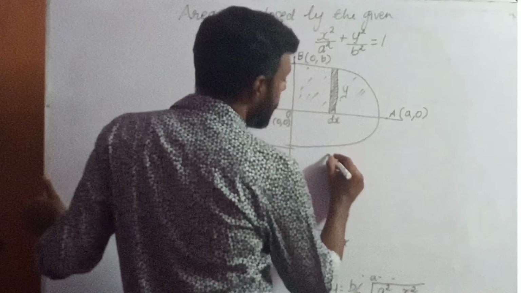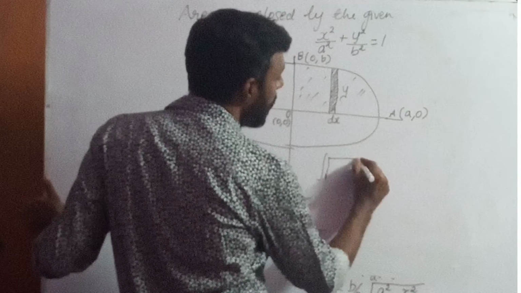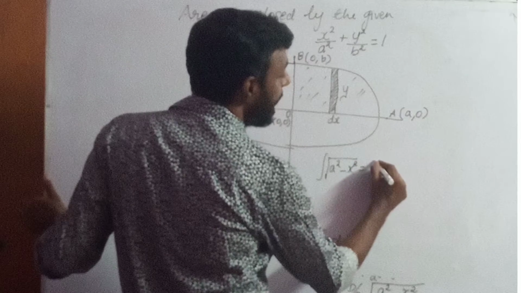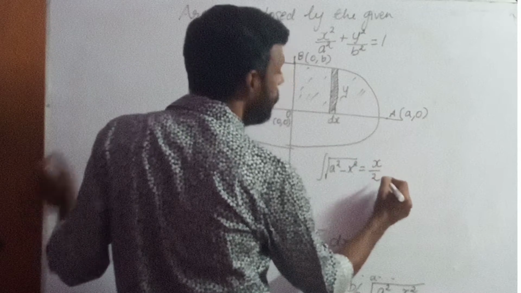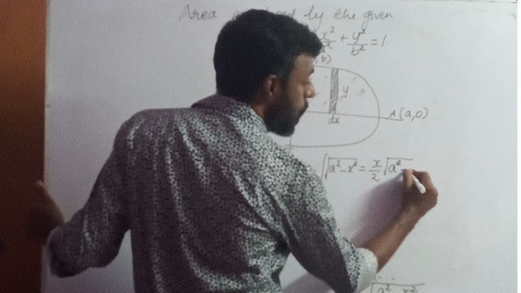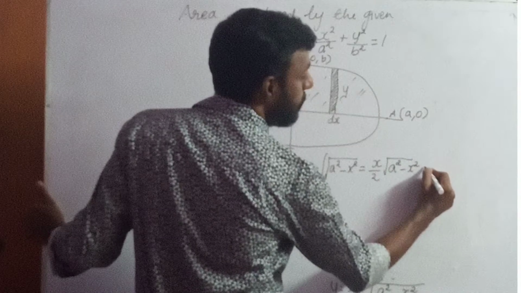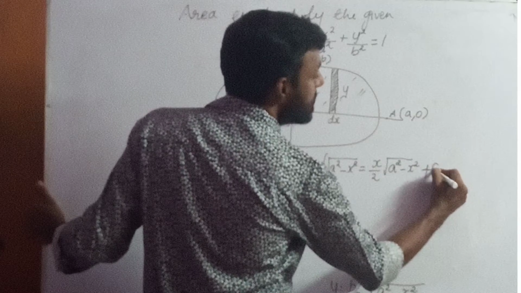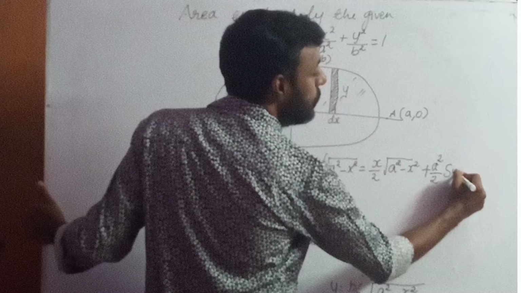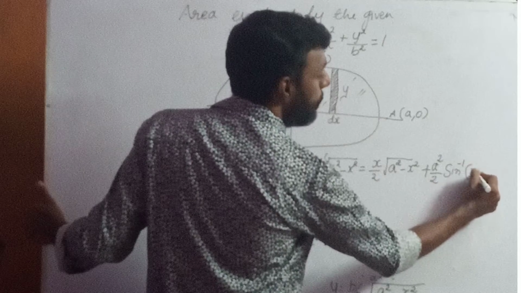So now there is a formula for this one. The integral of root of a squared minus x squared is nothing but x divided by 2 into root of a squared minus x squared plus a squared divided by 2 into sine inverse of x by a plus c.